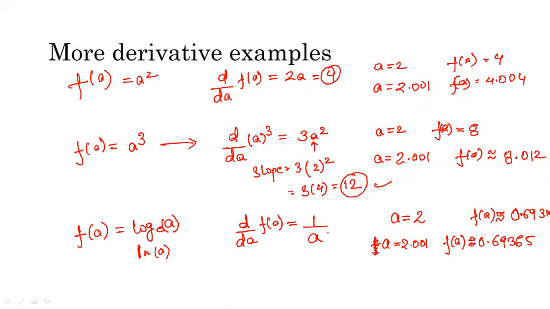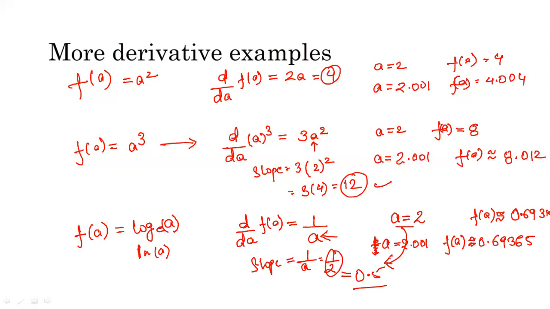Now if I want to find the slope of this function, I can directly put the value of a here. So the slope would be 1 upon a, that is 1 upon 2, that is equal to 0.5. So the slope of this function at the point a equal to 2 would be 0.5 or 1 upon 2.